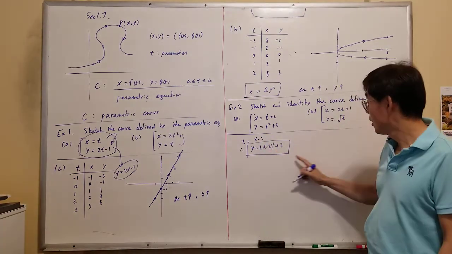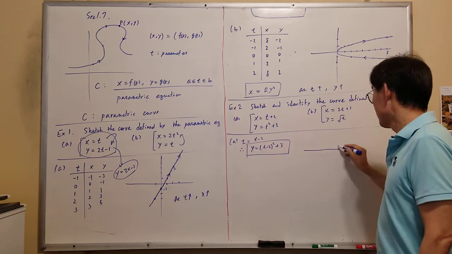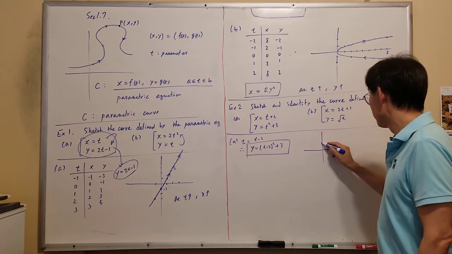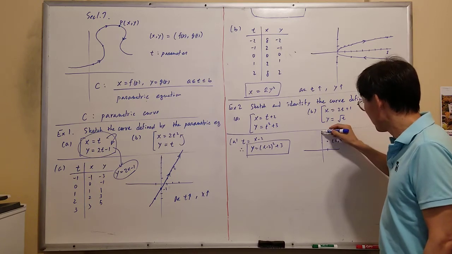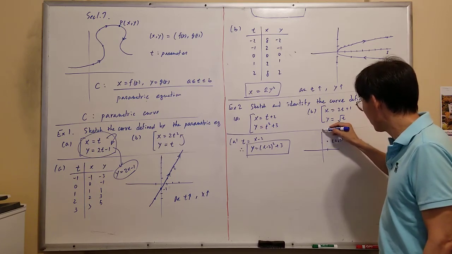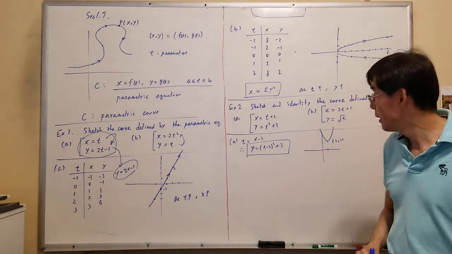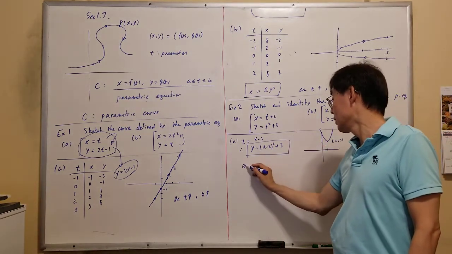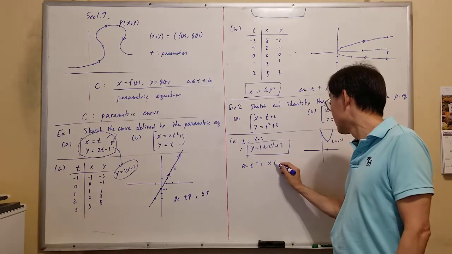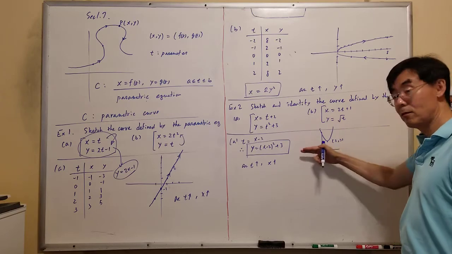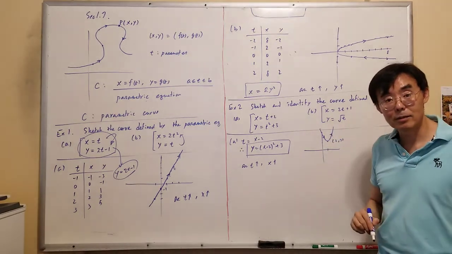This gives you your vertex at 2, 3, going through 4, 7. Something like this. And as t increases, the x coordinate increases. The x coordinate increasing means going from left to right. So we know that it has to go like this. Okay?